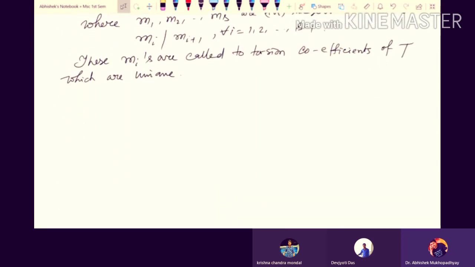Now, the last part of our discussion is how to find out the isomorphic groups of finite abelian groups.